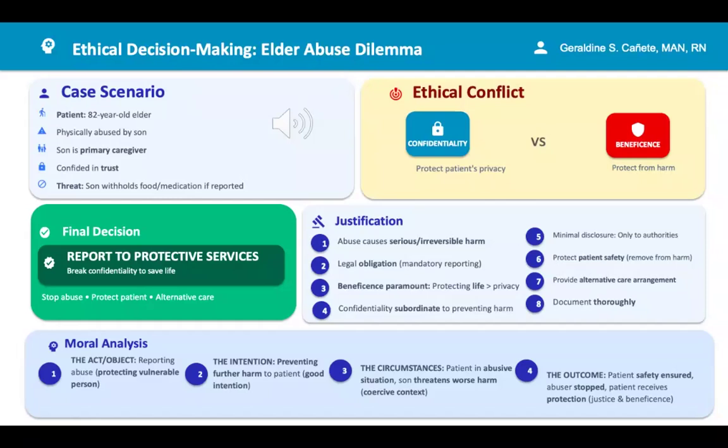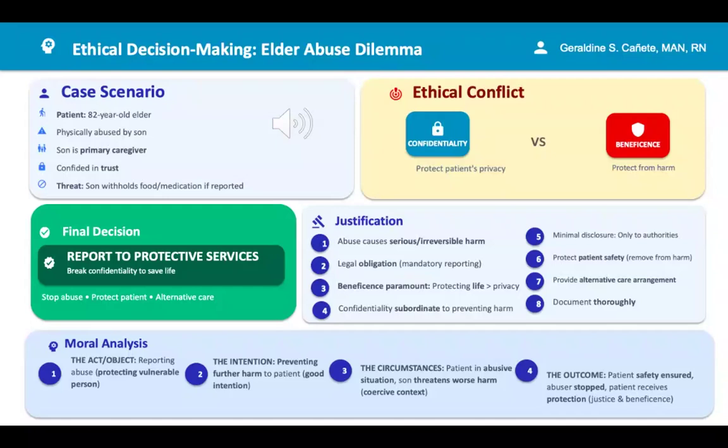Now for the final decision in this situation, the most ethical course of action is actually to report the abuse to protective services, even though it means breaking confidentiality. This decision is based on the belief that the patient's safety and well-being are paramount, and that the risk of further harm outweighs the duty to protect their privacy.